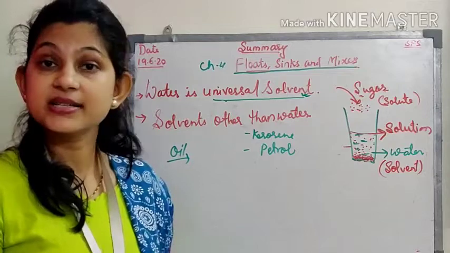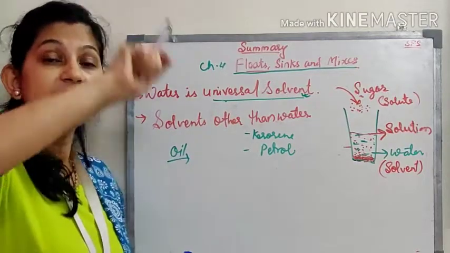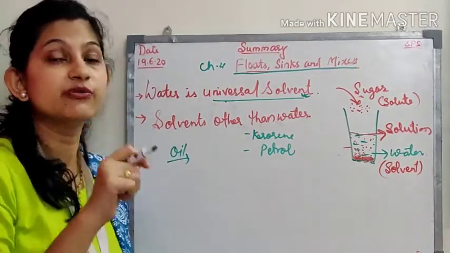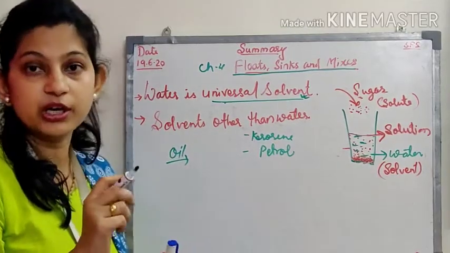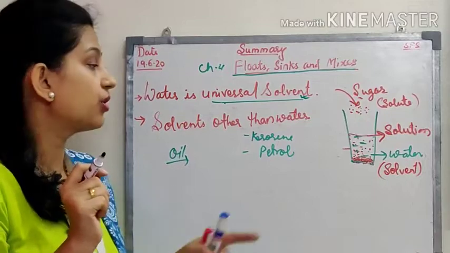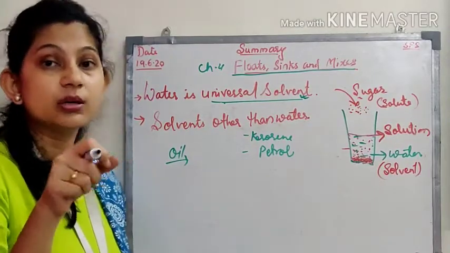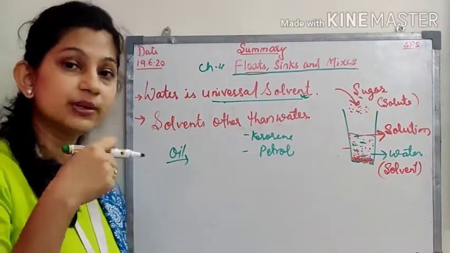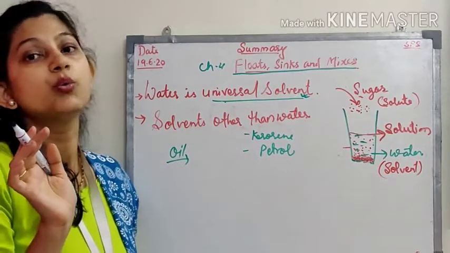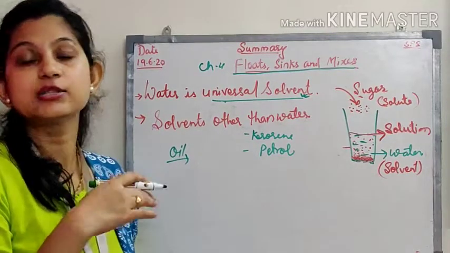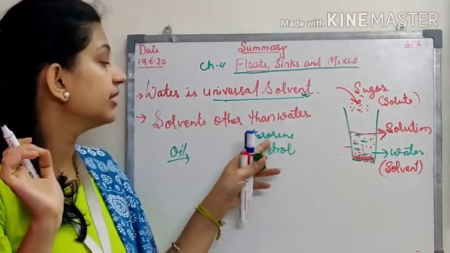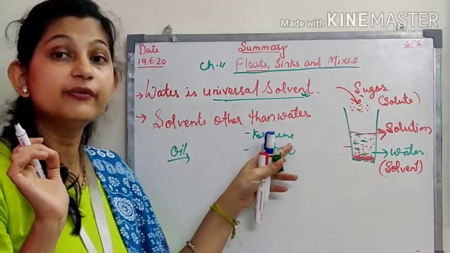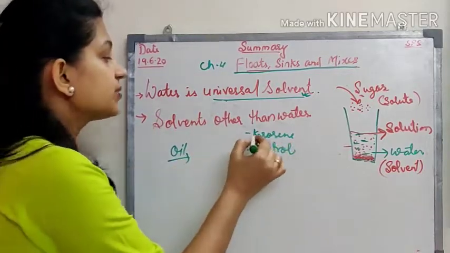We have already discussed, students, that a painter who paints the wall, when he wants to clean his brush, uses kerosene oil, and in that kerosene oil the paint gets dissolved. But if you try to wash it with water, it is not going to wash out. Why? Because paint does not dissolve in water. It dissolves in kerosene. So kerosene is a solvent for paint.